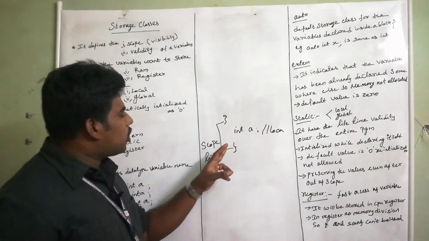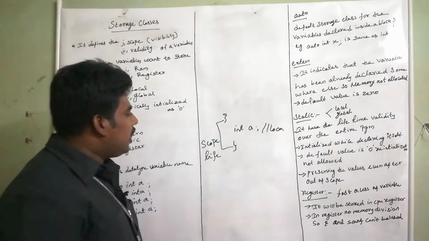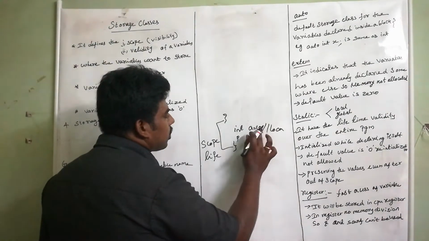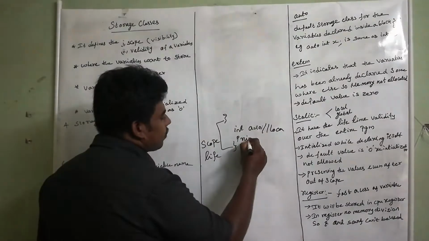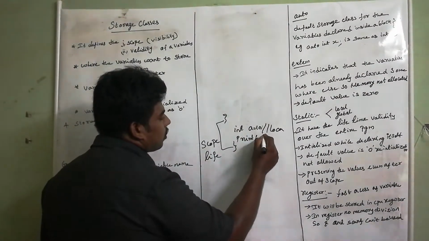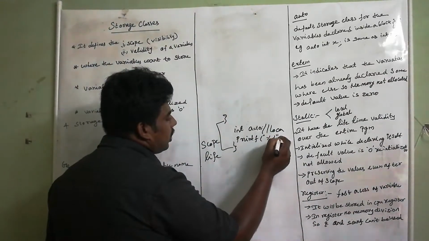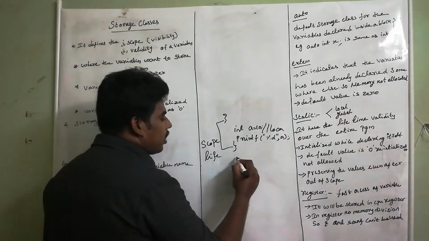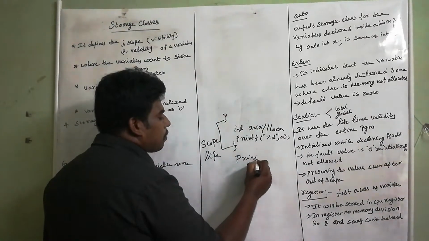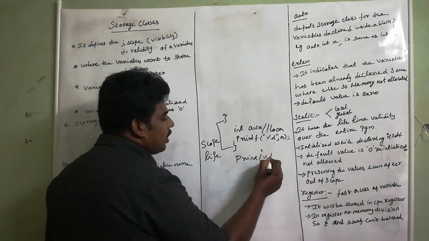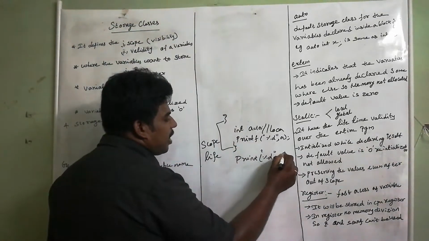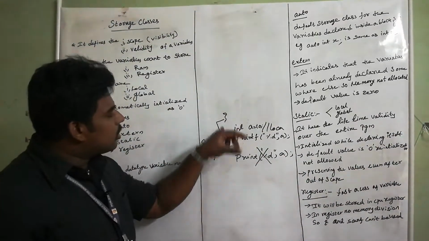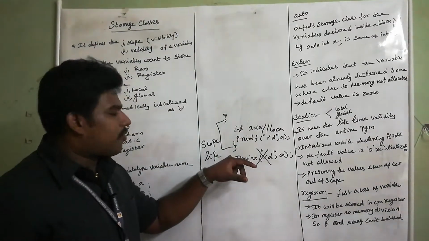If A equals 10, I can print A here with printf("%d", A), it's correct. I can't print it here, printf("%d", A) would be wrong, because the validity ends here itself.